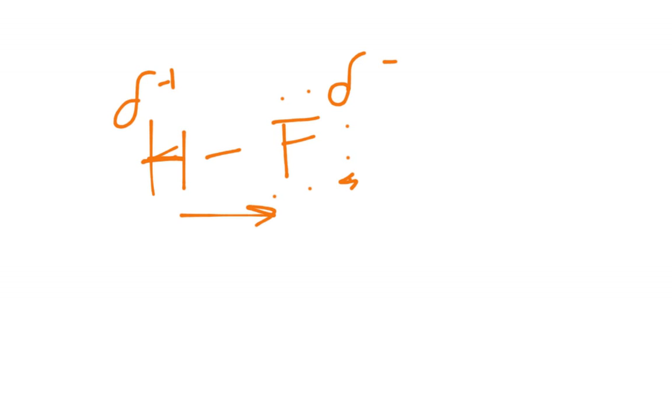If I have HF, remember my lone pairs. My F is definitely going to be stronger. My electrons are going to be over here by the F, so it's going to be delta minus. My H is going to be delta plus. And so we would call this nonpolar. Or, sorry, we'd call this polar.